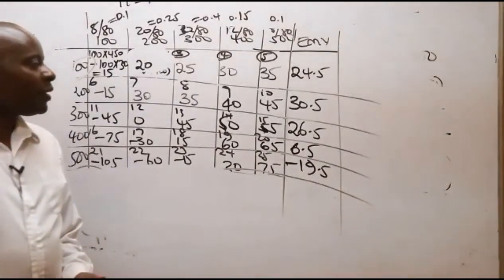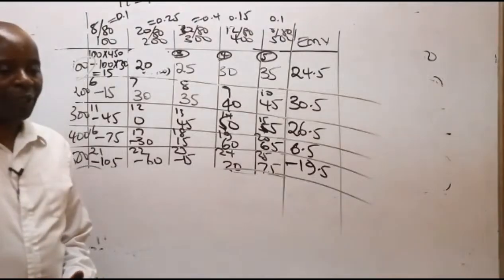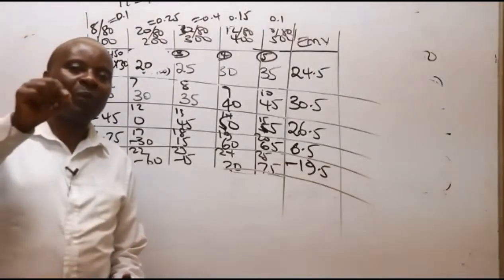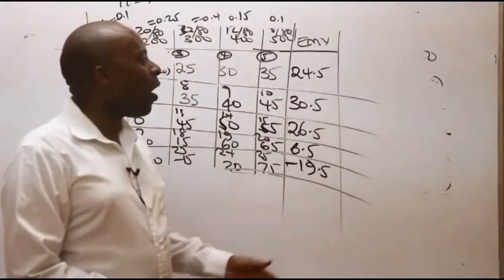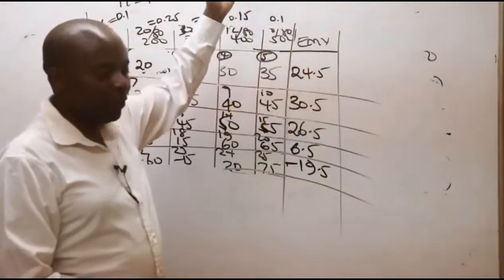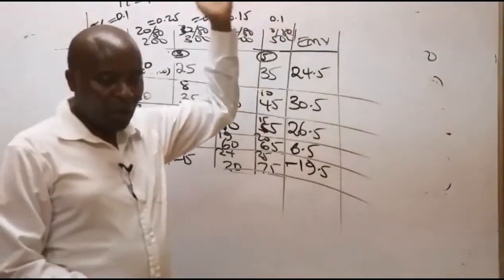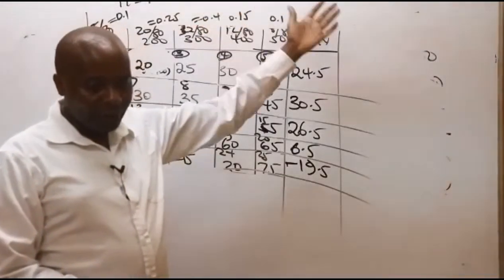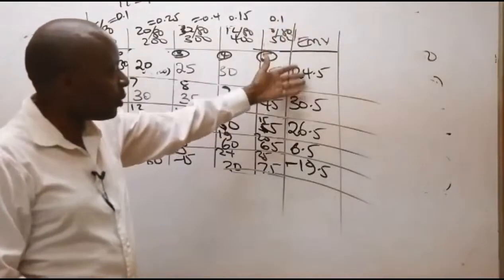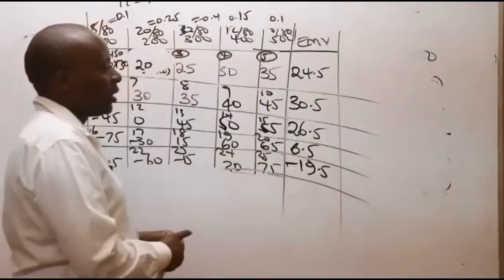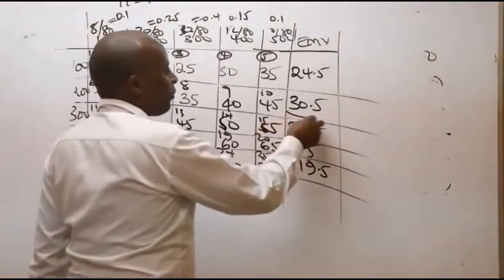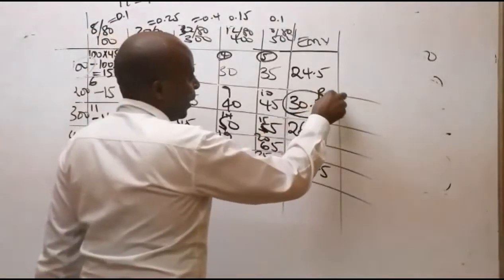So, ladies and gentlemen, having gotten these expected monetary values, remember when it comes to making a decision, we normally go for the highest expected monetary value. Money is sweet. The more you have, the better. So amongst all these expected monetary values, the one where I'm expecting the highest, the biggest, this 30.5, is what I'll work with as the best EMV.